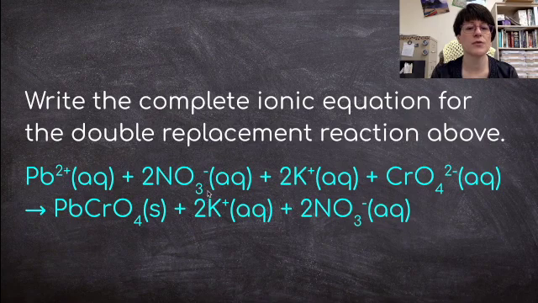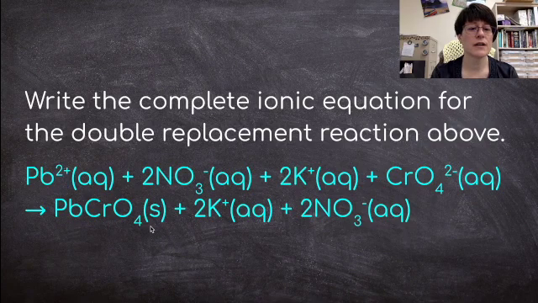Notice I took the 2 from behind it and put it out in front because now I'm counting the number of ions. I'm writing ions separately. Plus 2 potassium ions aqueous plus chromate aqueous. Yields lead 2 chromate solid plus 2 potassium ions plus 2 nitrate ions.